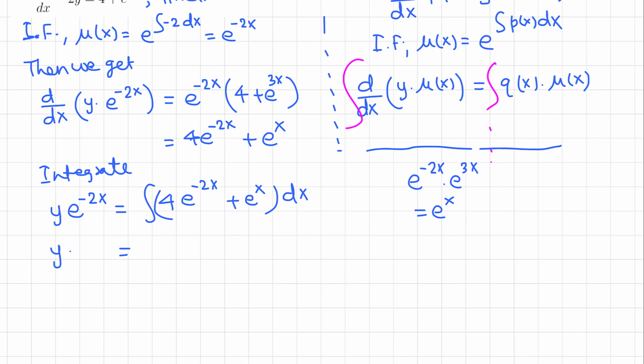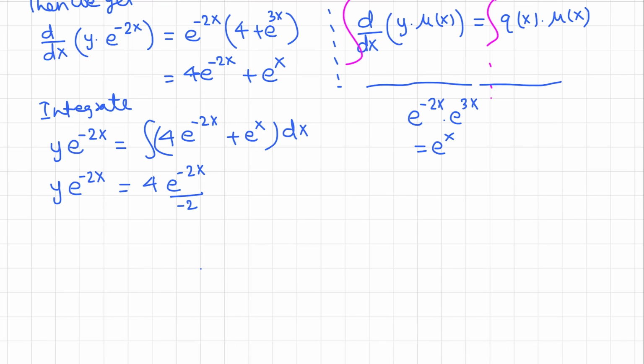So y times e raised to negative 2x equals 4 times the antiderivative of e to the negative 2x, which is itself divided by negative 2, plus the antiderivative of e to the x, which is e to the x itself. And there's another plus constant, but we write just one constant. This 4 divided by negative 2 is negative 2.